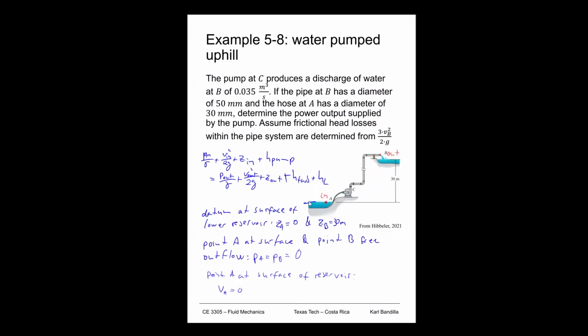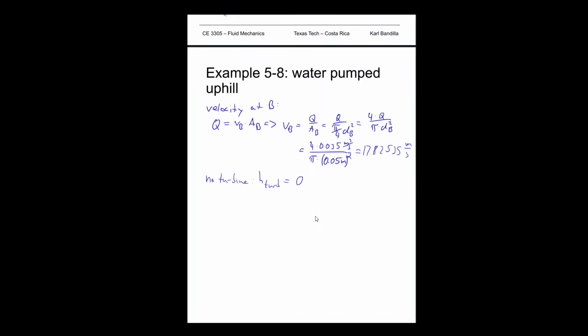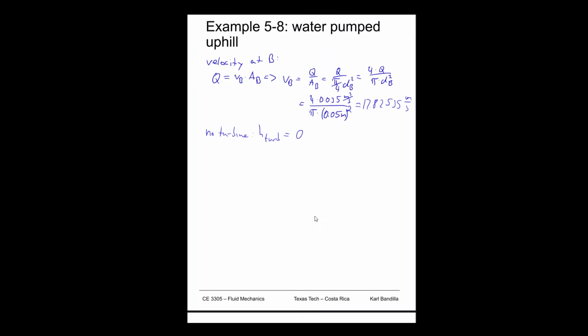The next thing is that our frictional losses depend on VB. Again, the faster the water is flowing, the more friction, so the more loss.